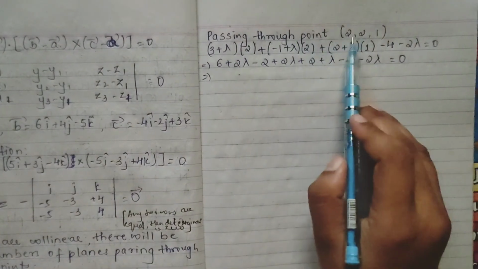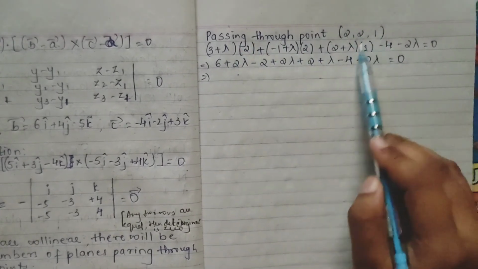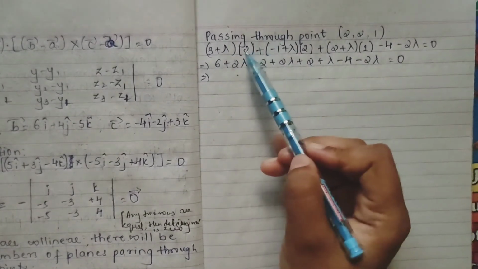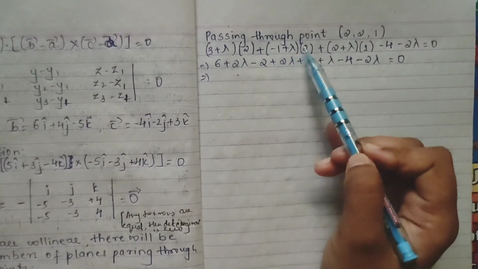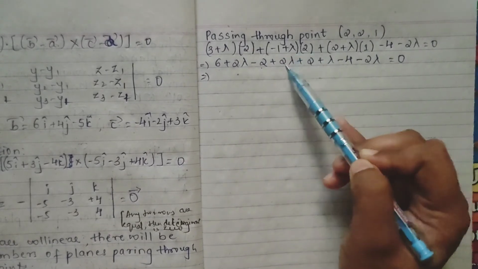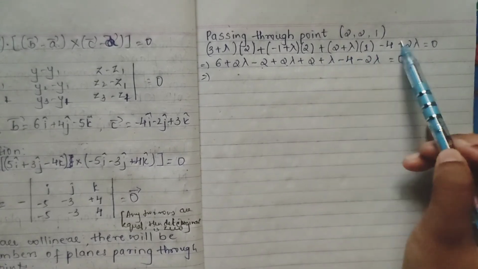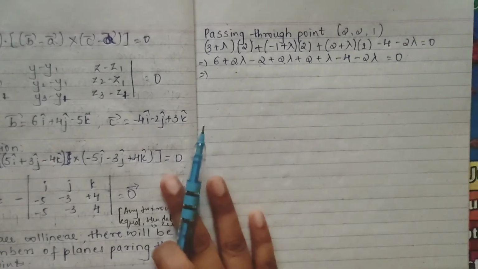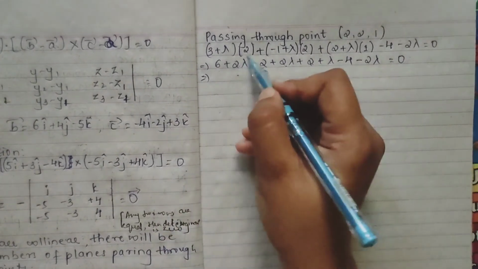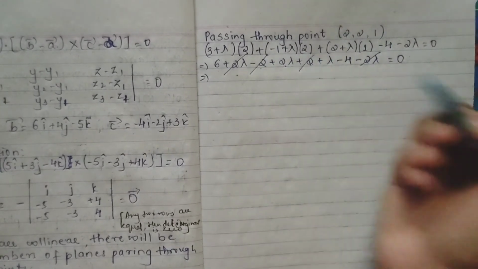So passing through the point 2, 2, 1, take x as 2, y as 2 and z as 1 and put the values. Now multiply: 3 twos are 6, plus 2 lambda; minus 1 times 2 is minus 2, 2 times lambda is 2 lambda; 1 times 2 is 2, plus lambda times 1 is lambda; minus 4 minus 2 lambda, keep as it is. Now do all the addition and subtraction. Plus 2 lambda and minus 2 lambda cancel, minus 2 and plus 2 cancel.